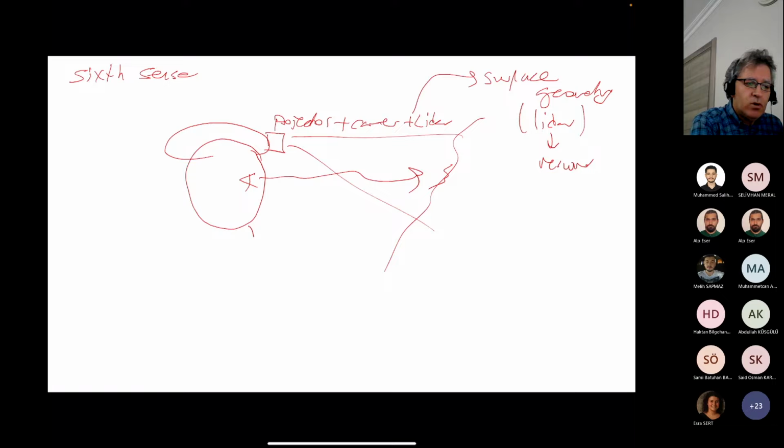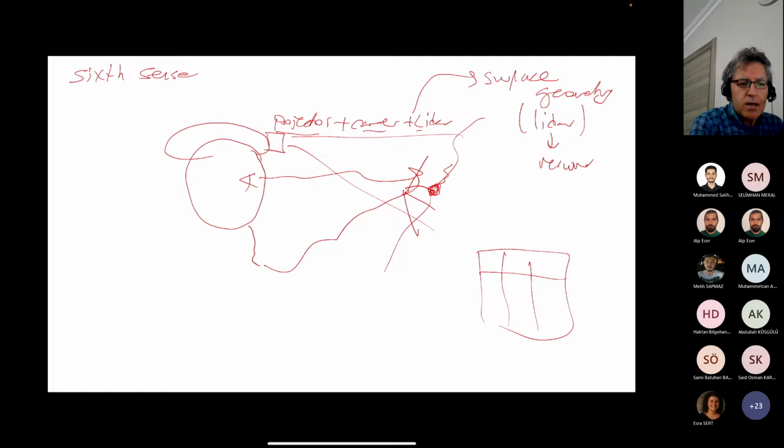Now you have your hand coming into the view. When you cover the surface in this view, your projector, camera and perhaps LiDAR can tell you what you are doing on that surface. For example, you can put a dial pad, 1, 2, 3, 4, 5, 6, 7, 8, 9, and 0, something like this.